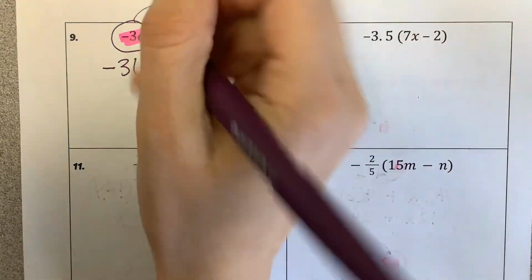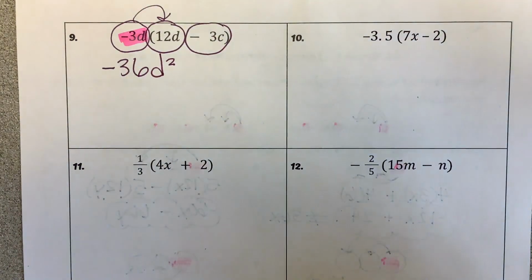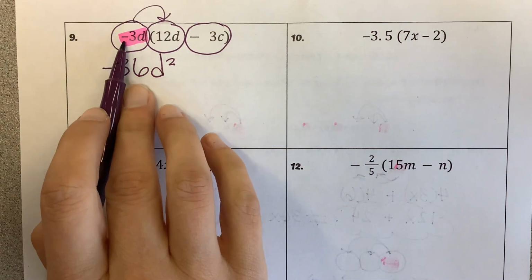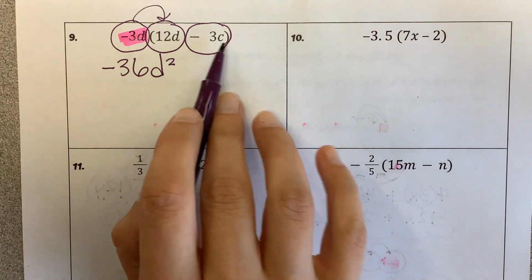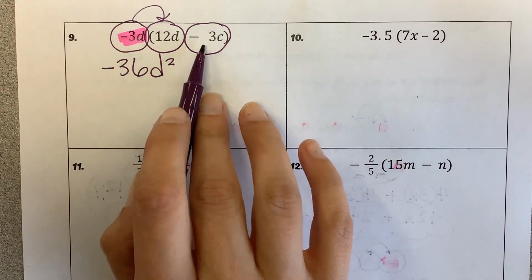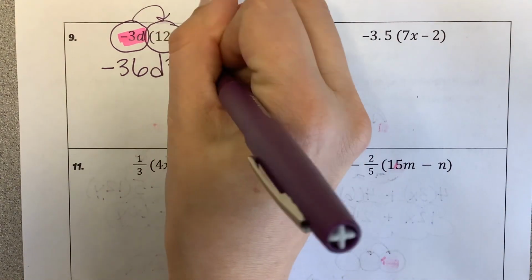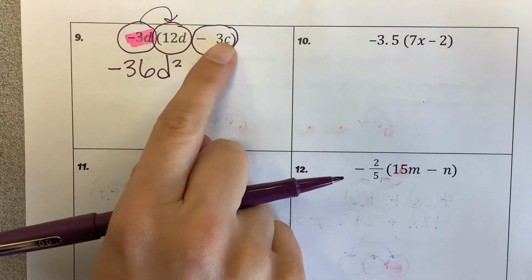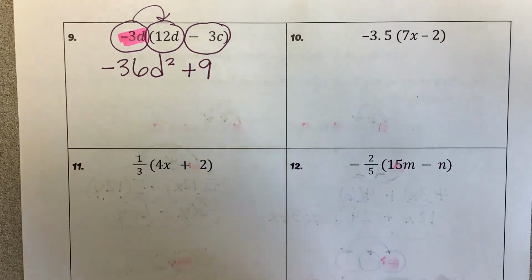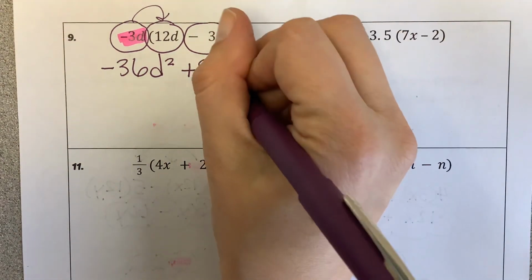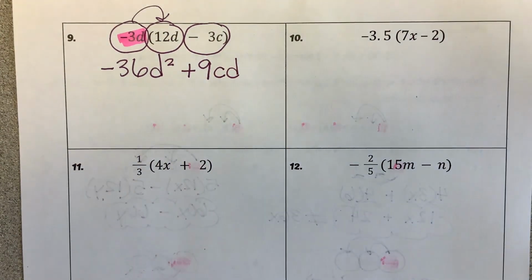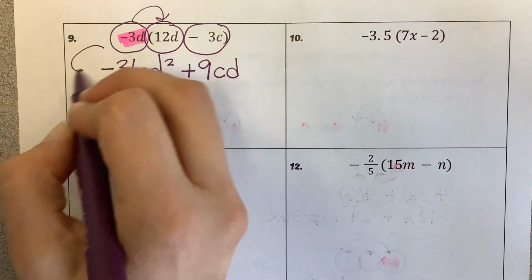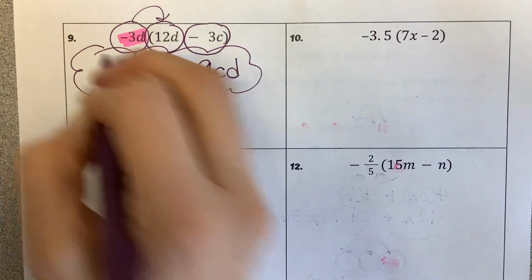D times d is d squared. Negative 3d times negative 3c. Well, negative 3 times negative 3 is positive 9. And then d times c, we can't really combine those variables. We're just going to write them next to each other, and I'm going to do it alphabetically. So c, d. If you wrote it as dc, that's technically the same thing.